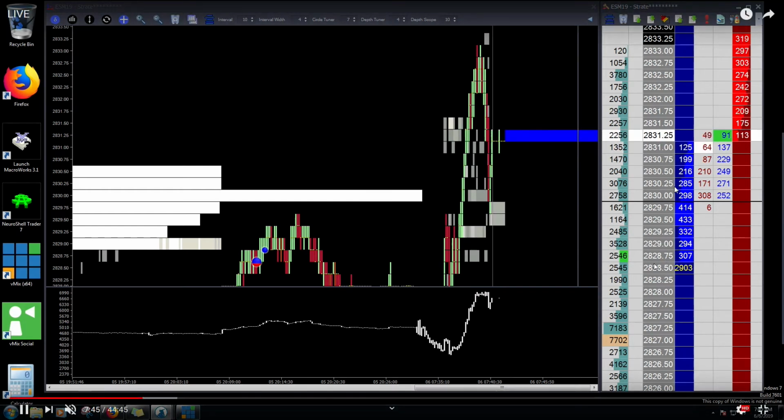So again, you could have come in right here and scalped it as it came up, and now it's starting to stall out, so you would want to look for an exit. But I'm not sure how much higher it goes than this.